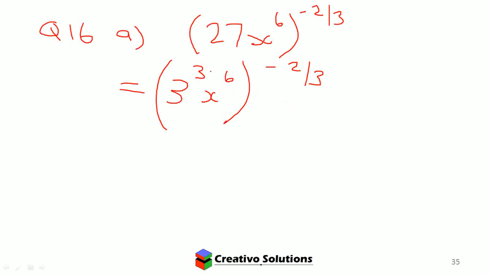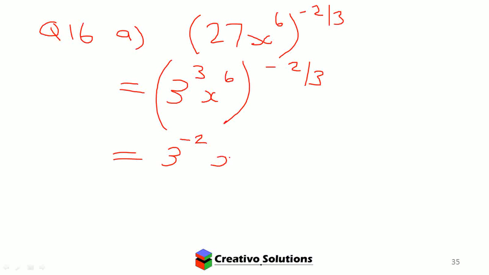And we know when you have a power raised by another power, you're then going to multiply those exponents together. So I'm going to multiply this exponent of 3 by minus 2 over 3. So minus 2 over 3 times 3 gives you minus 2. So I'm going to have 3 to the minus 2.